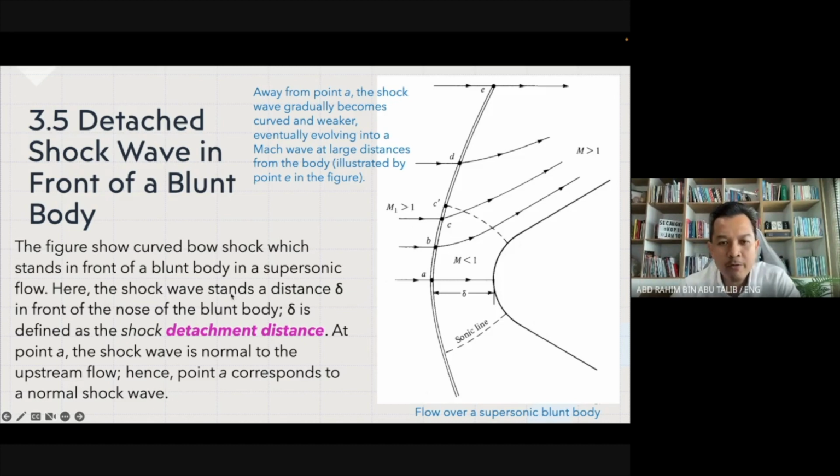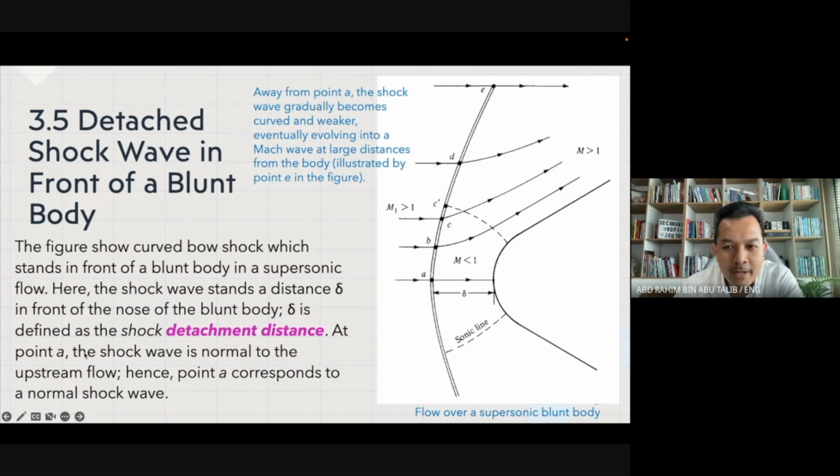Over here, the shock wave stands a distance delta. This is the distance that we are talking about, which is defined as the shock detachment distance. It is very close to the nose of the blunt body.